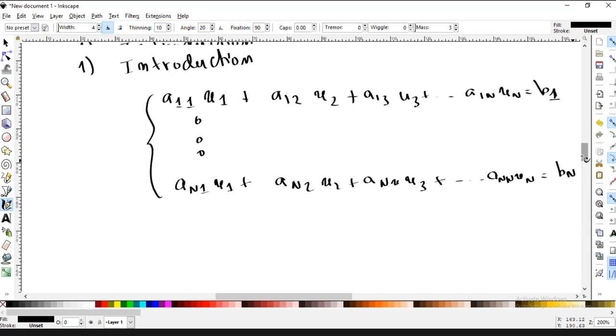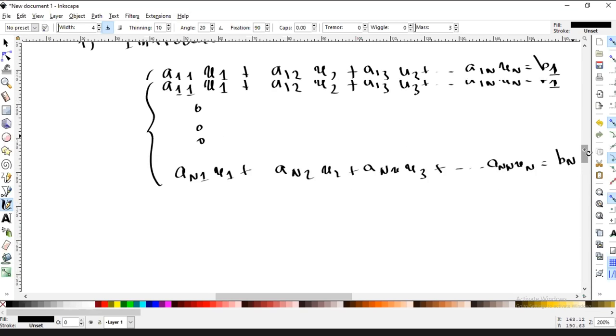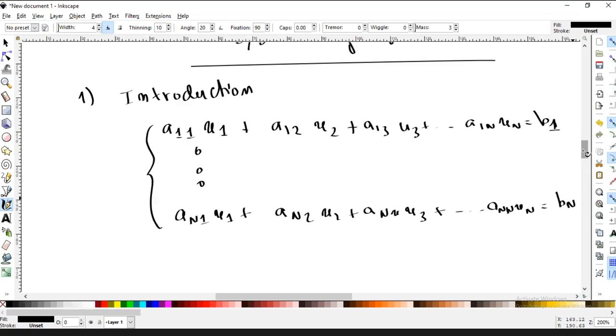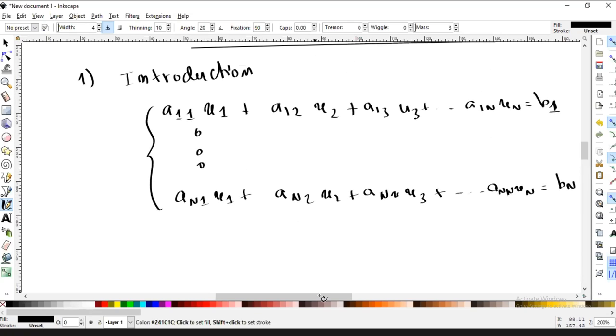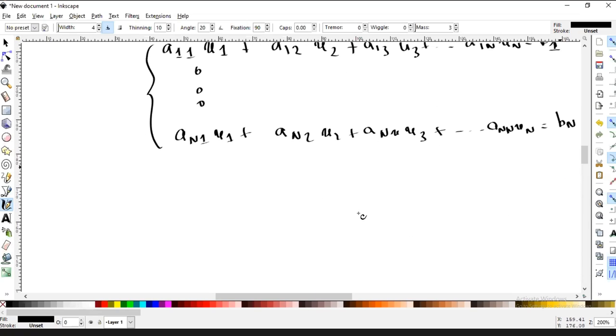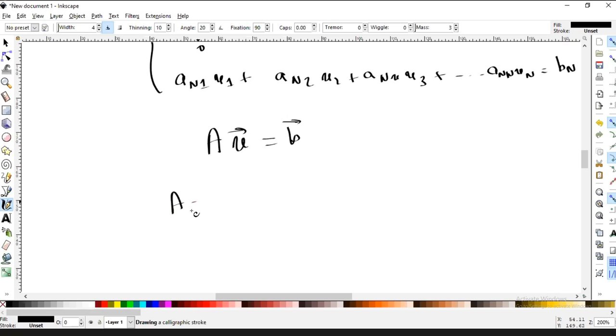Right. So this system of equations, you can express it in a matrix form. So Ax equals b, with your matrix A being a11 till a1n, an1 till ann.